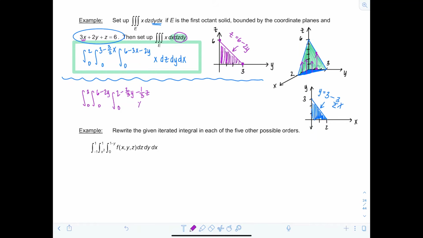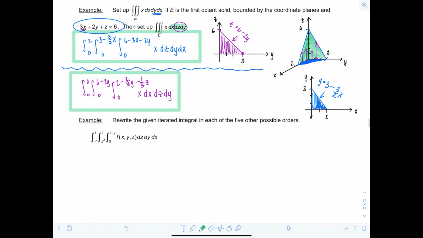And then you're integrating with respect to x, and then z, and then y. So that's the other option. It's not like one's going to be much better to evaluate than another. All right, so basically the idea is always draw that base region first so you can set up those limits and then focus on that third iterated integral.